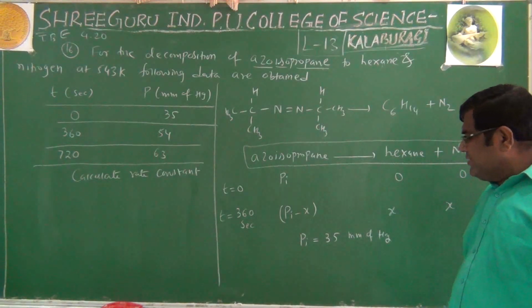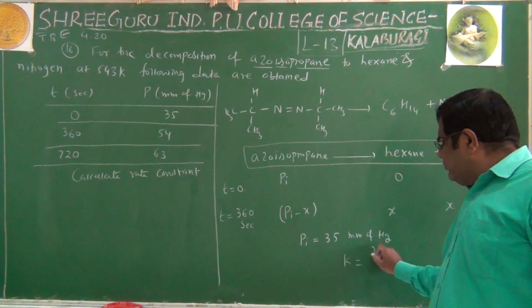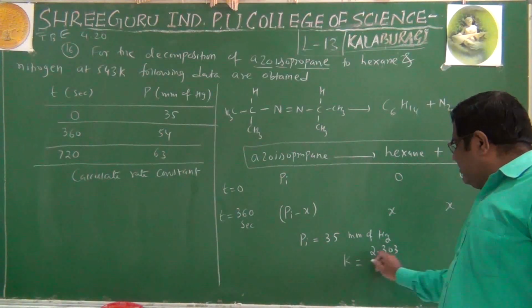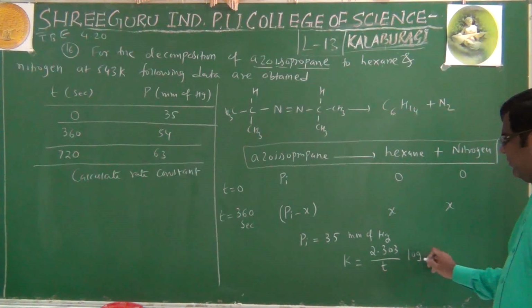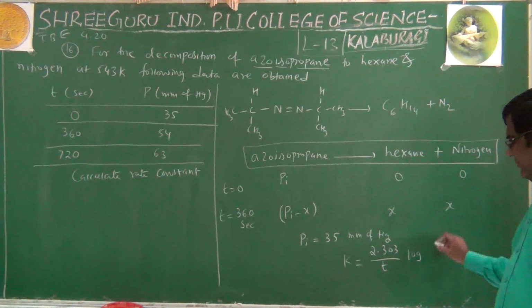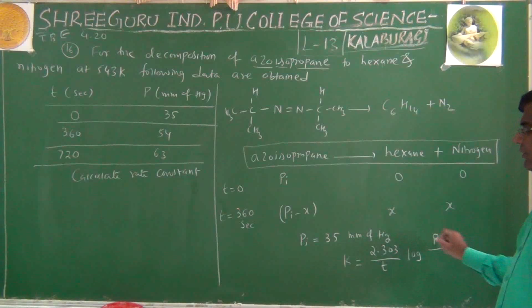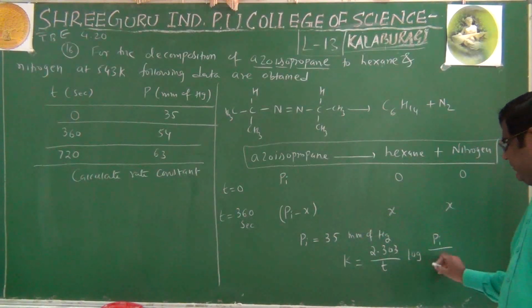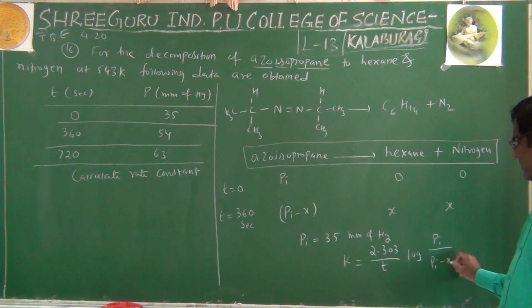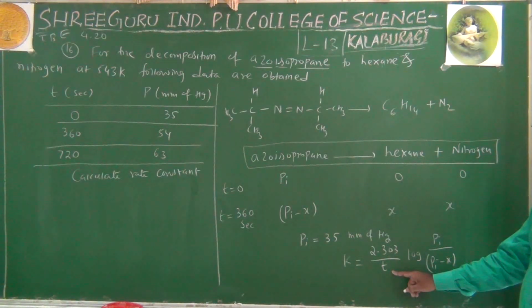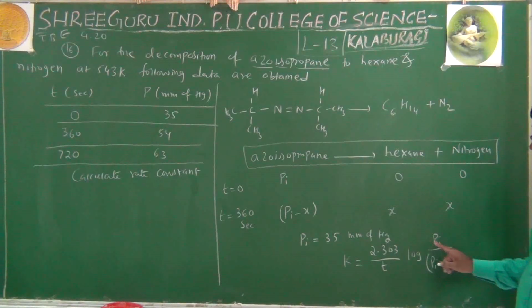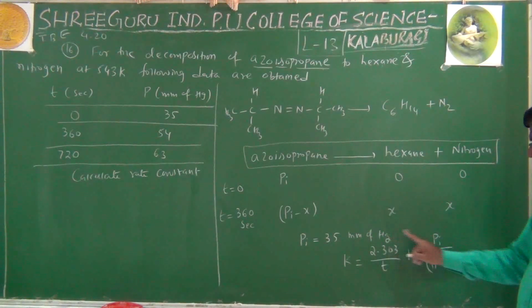Now what is the rate constant here? k equals 2.303 by t log of the initial pressure to the pressure after time t, Pi minus X. Now this t we know is 360 seconds. Pi is given, 35 millimeter of mercury.